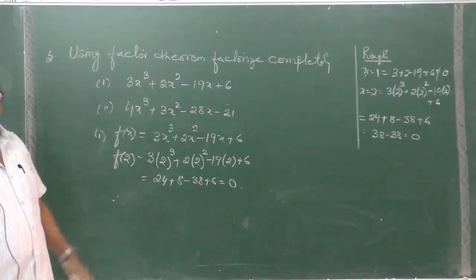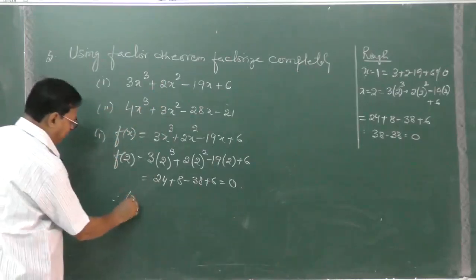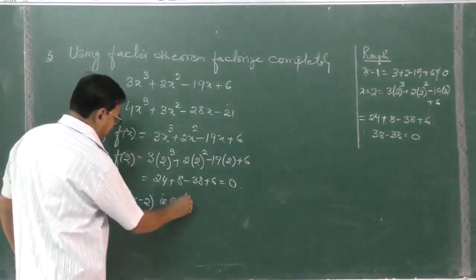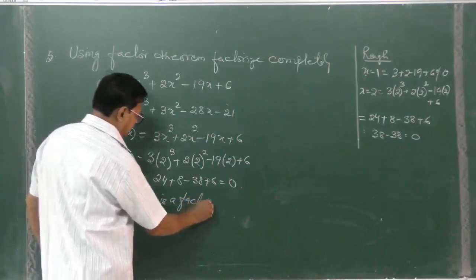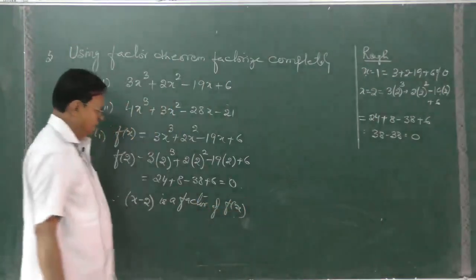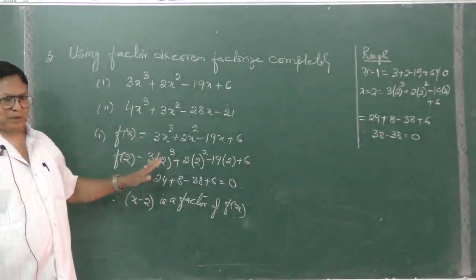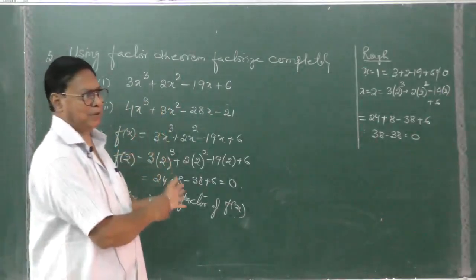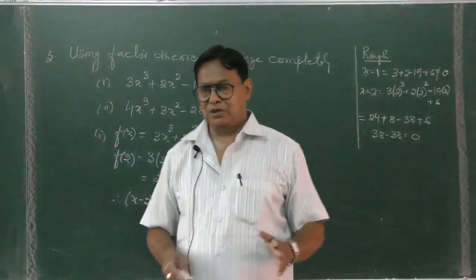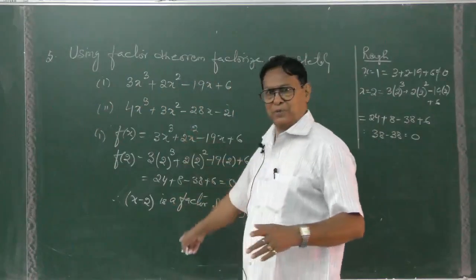It means x minus 2 is a factor. So this is the first part. In the previous sum, this part was given, you have to prove it. Here it is not given, you have to apply the theorem. So you have to get the first part, one of the factors.